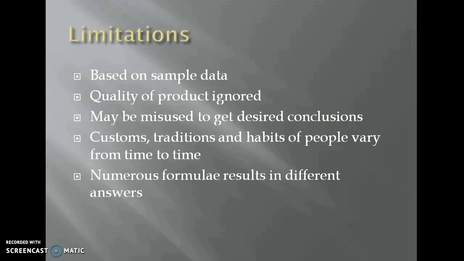This is one limitation and also a drawback, that index numbers consist of many formulas, and these formulas do not give the same answers. It varies from one formula to another formula. So this is another limitation of index numbers.